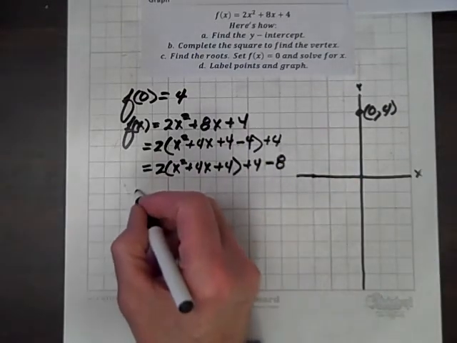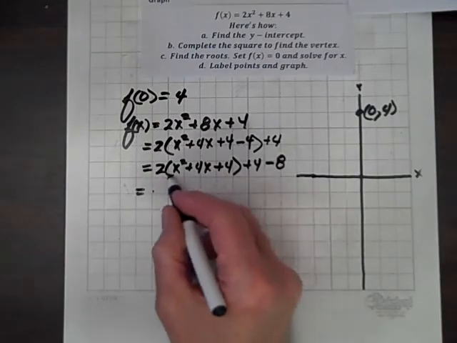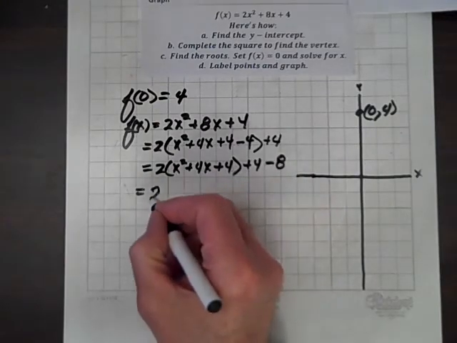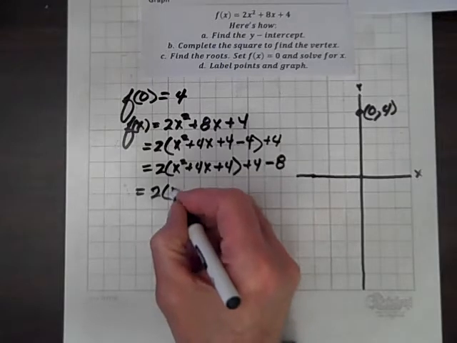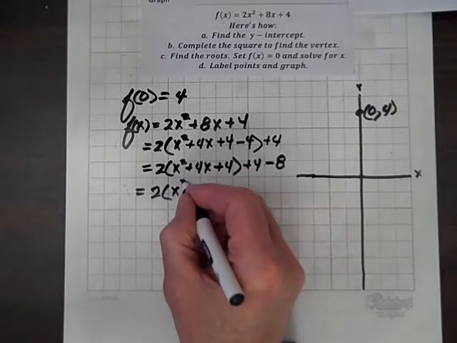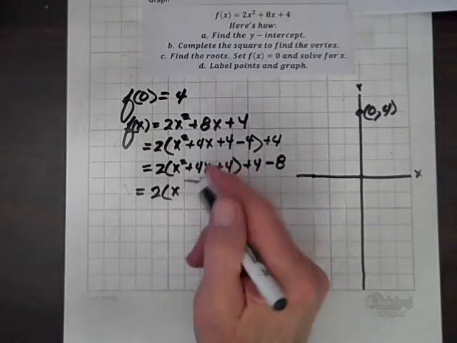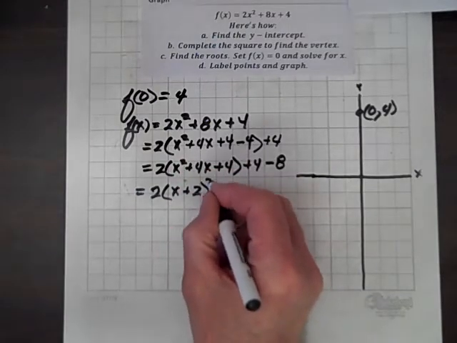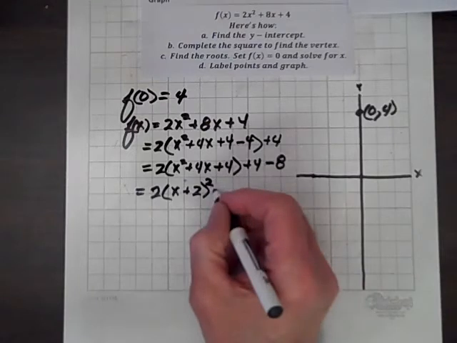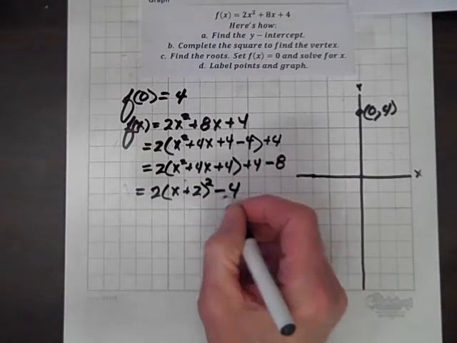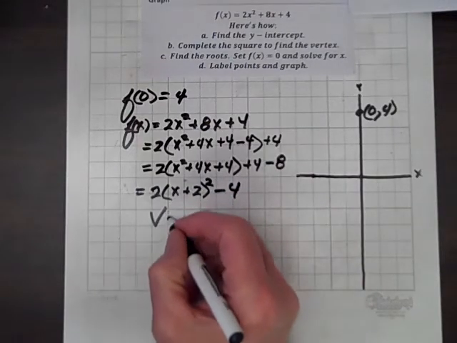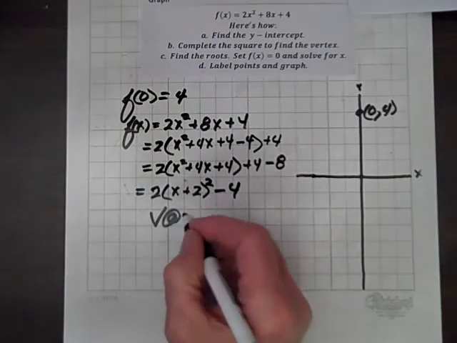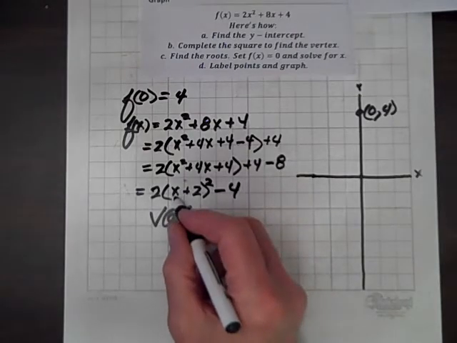Good. And now we can rewrite this. This is a perfect square, and when we factor it has the form x plus 2, quantity squared, and plus 4 minus 8 is minus 4. So the vertex is at, what's the opposite of 2?